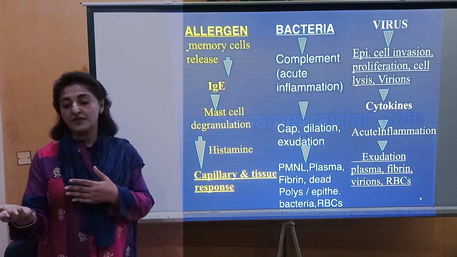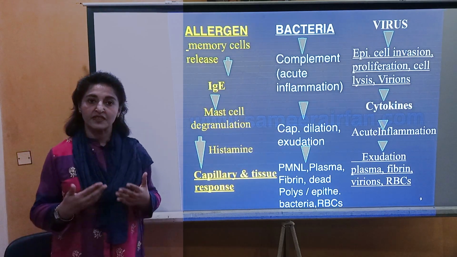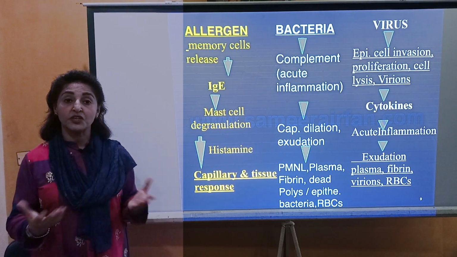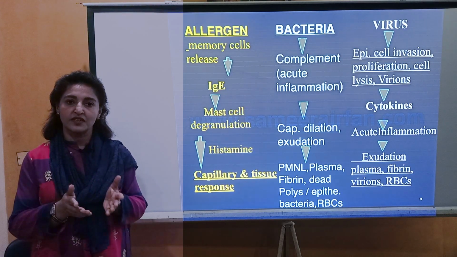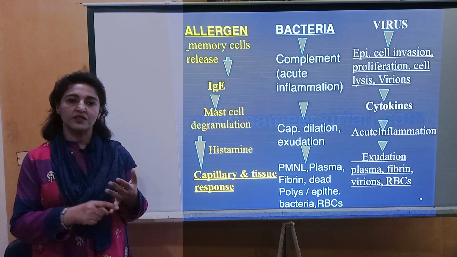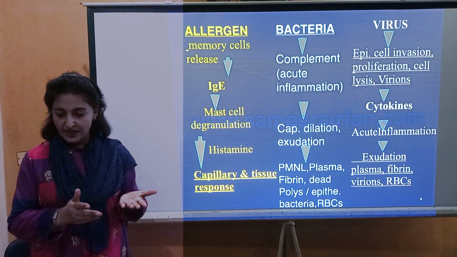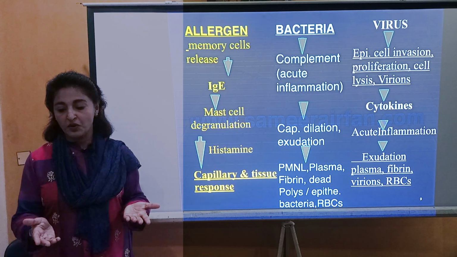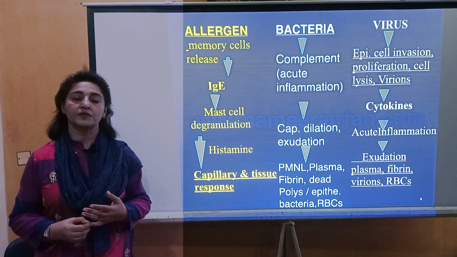On the other hand, bacteria will cause the inflammation by activating the complement and result in acute inflammation with again the signs of dilatation, congestion, leakage of serum as well as white blood cells, and then there will be dead polys, epithelial cells, bacteria and RBCs in the discharge.